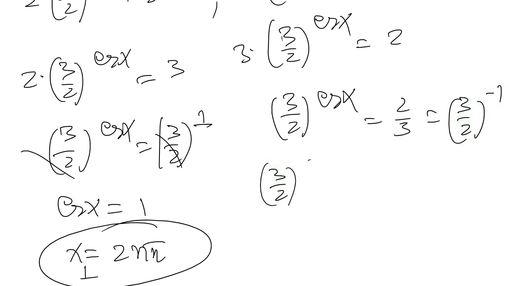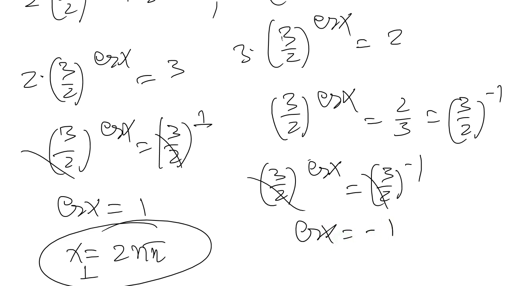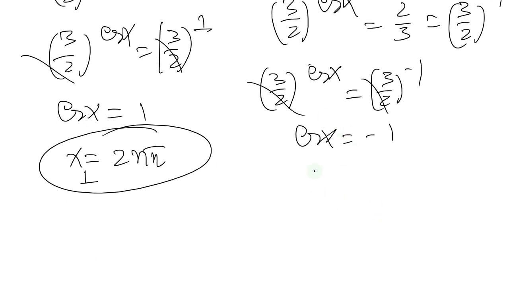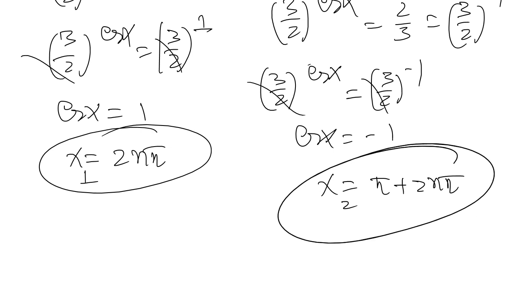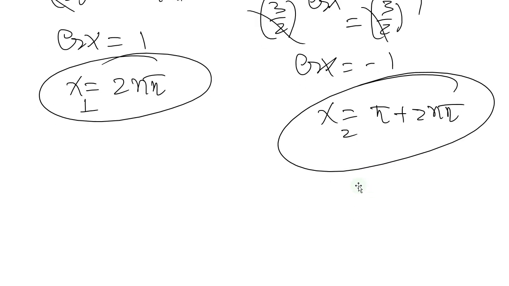So 3 over 2 to the cos of x equals 3 over 2 to the negative 1. Same bases, same powers again. Cos of x equals negative 1. And then from here x is equal to pi plus 2 n pi. It's x2. So these are the solutions for our equation.